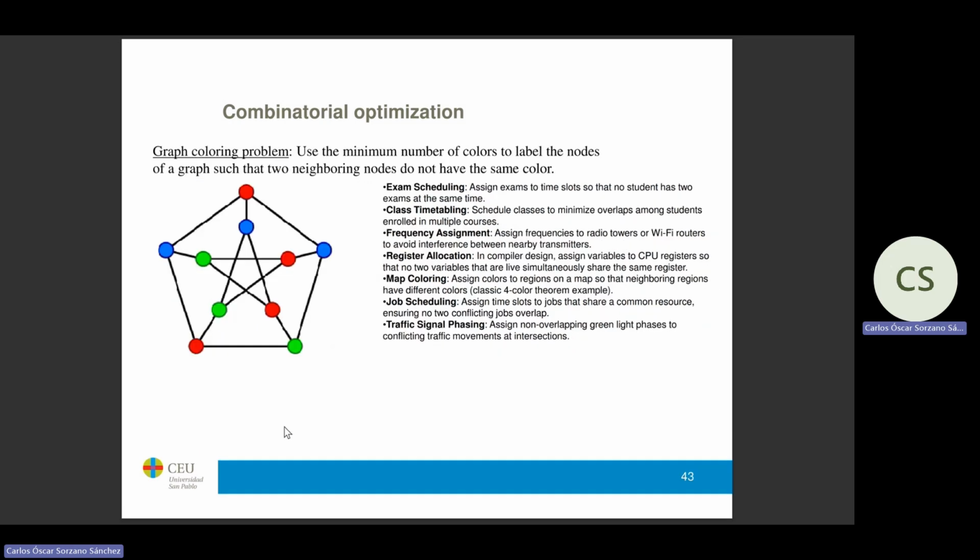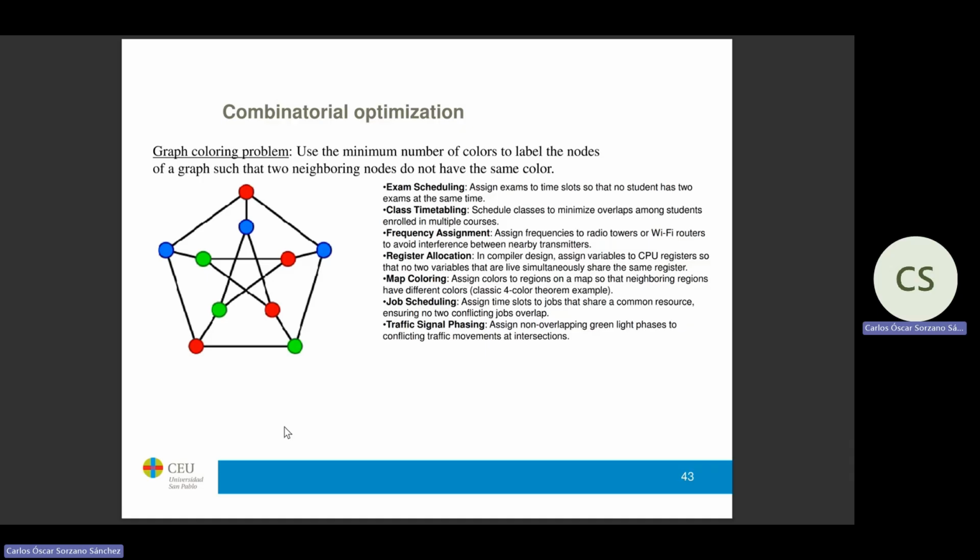Here you have the graph coloring problem. So you have a graph with some connections. Not everything is connected to everything, you see. And then you want to color this graph with the minimum number of colors, such that no two nodes have the same color. So if two nodes are connected, they should have different colors. That is the constraint. How many colors do I need?